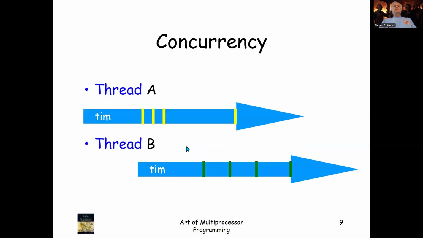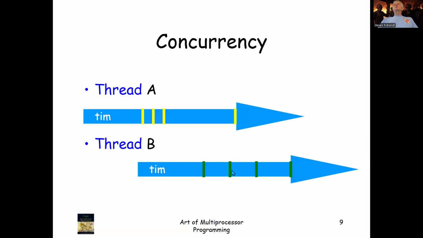Okay, so we have concurrency. On thread A, we've got these 4 different events, and on thread B, we've got these other 4 events, and this axis should be time, and they're interleaving each other. So first these 3 happen, and then these 2, and then this one, and then this one, and that one.